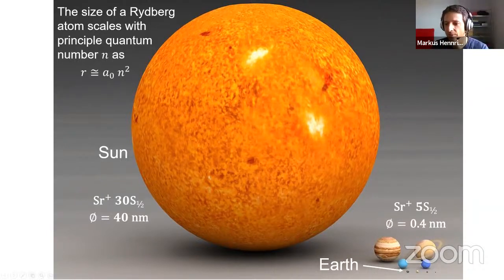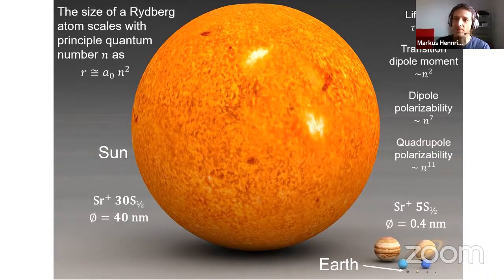So for instance, if you go from the ground state of strontium 5s1/2 to only a 30s1/2 state, you actually get a factor of 100 already bigger in diameter, which means in volume it's 100 cubed. So it's a really, really huge Rydberg ion compared to a ground state ion.